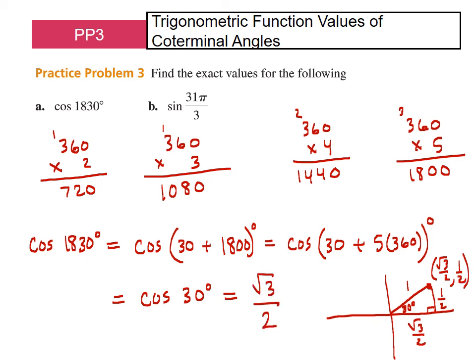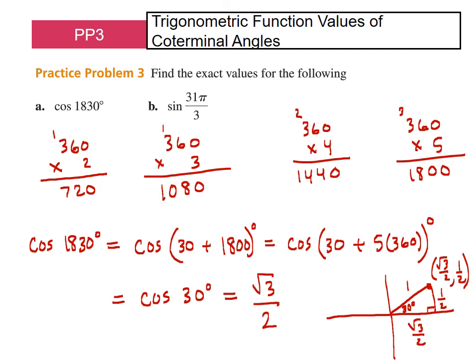I'd probably just write underneath it cosine of 30 degrees, because I know it's already 5 revolutions. I did the math already. So cosine of 30 plus 1,800 is really the cosine of 30. Now I've got to figure out what is cosine of 30 degrees, because we only did quadrantal angles.